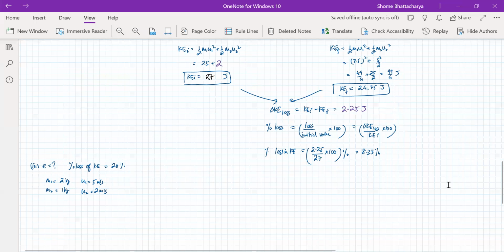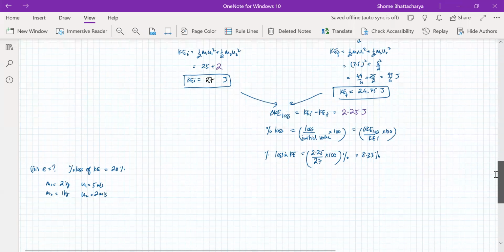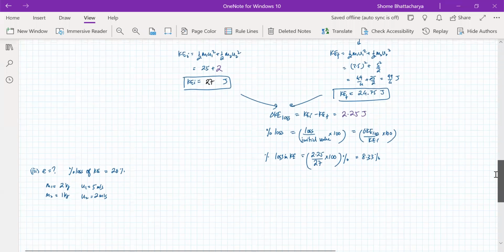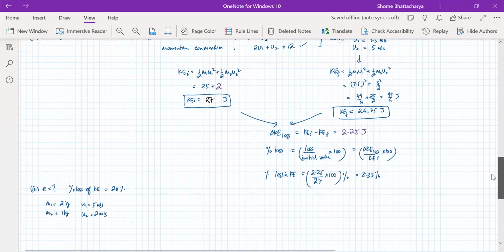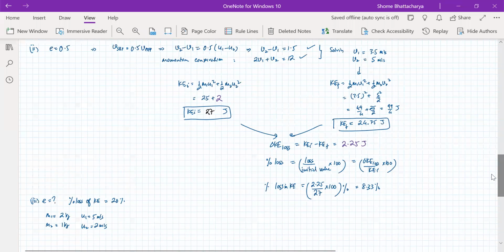So this time one equation will be the momentum conservation equation, but the other one will not be the coefficient of restitution equation, rather it will be the kinetic energy equation. If there's 20% loss, that means the final kinetic energy is 80% of the initial kinetic energy. 80% means 4/5. So that's how we'll interpret this statement.